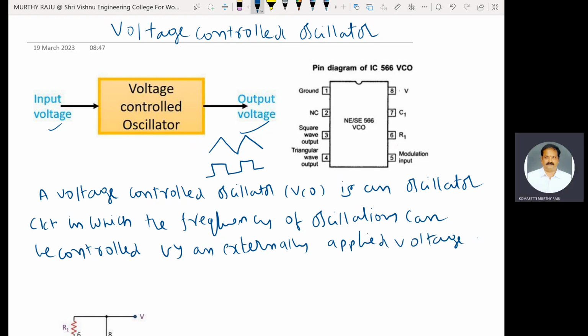This is the definition. VCO provides the relationship between the applied voltage and oscillation frequency.